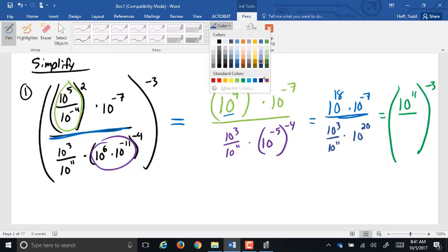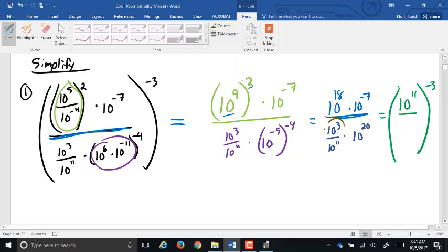Now we've got an extra step on this one. We have the 10 to the 3rd divided by 10 to the 11th. 3 minus 11, negative 8. Then 10 to the negative 8 times 10 to the 20th, 10 to the 12th.